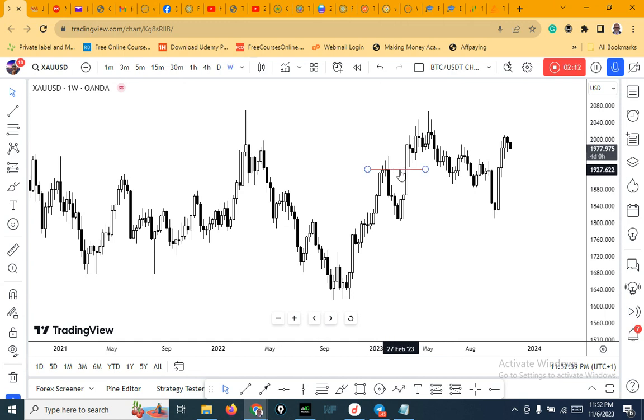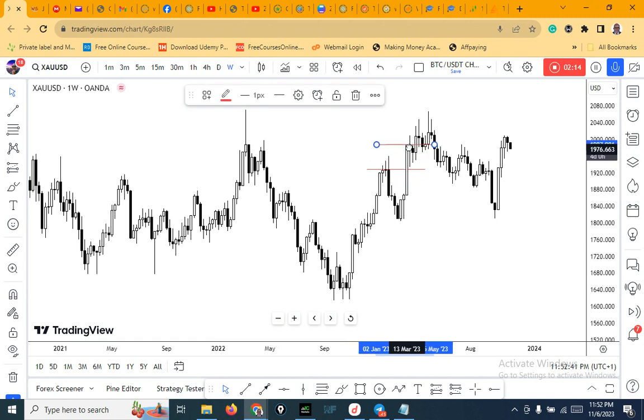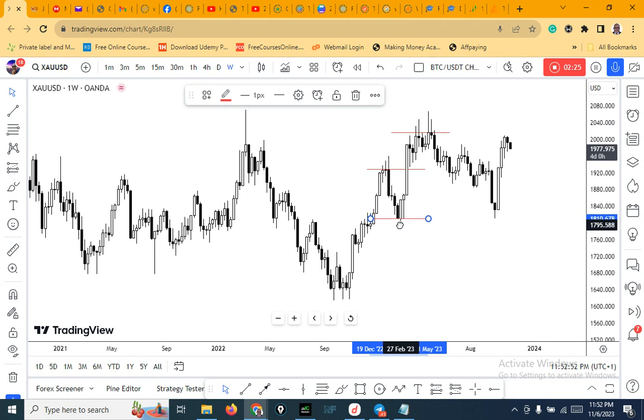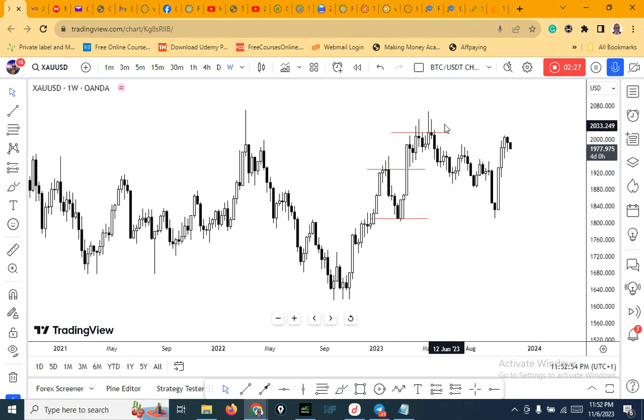This is the current high, so this high has broken this high. Then we have this low here. This is the higher low, and the market has not broken this low. The market has not broken this low. So ultimately, this market is in an uptrend.